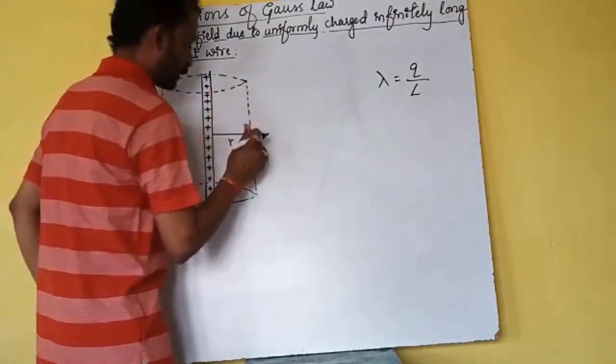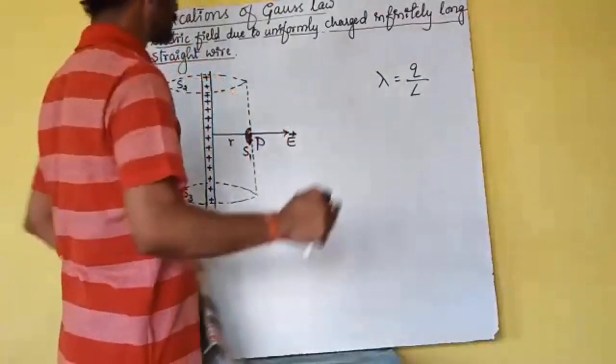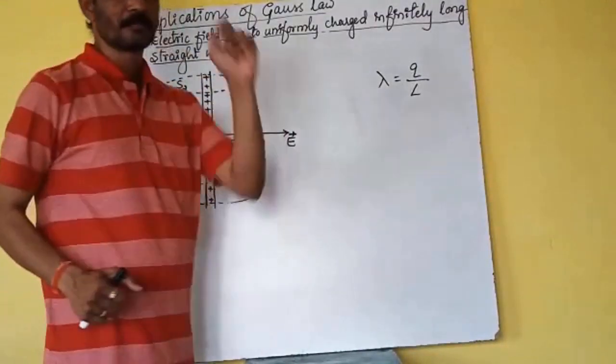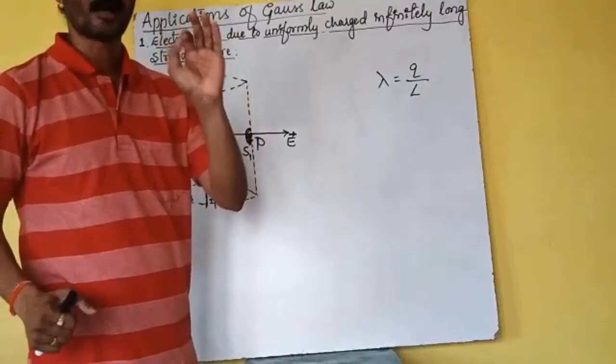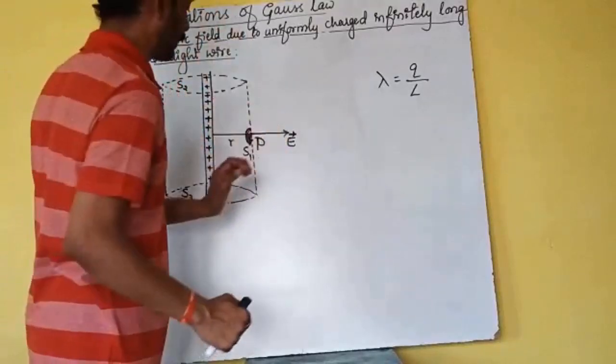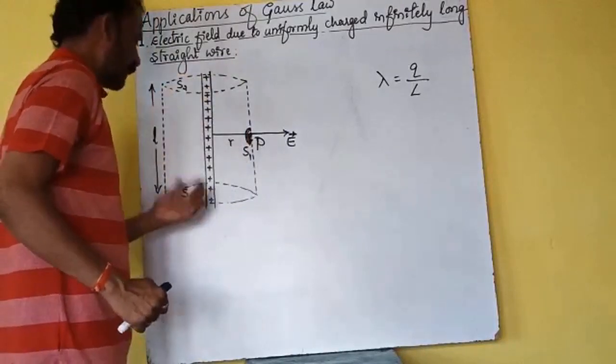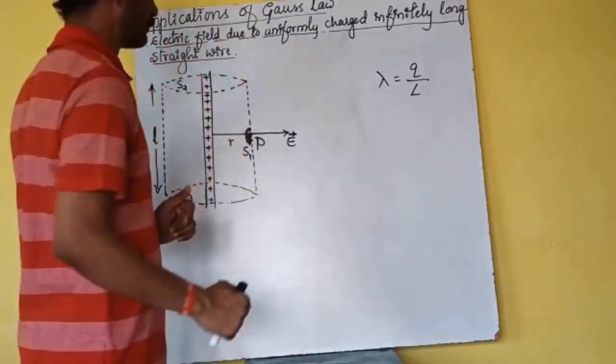To find the electric field at the axis of the cylinder, let phi 1, phi 2, phi 3 be the electric flux through the surfaces S1, S2 and S3 respectively.